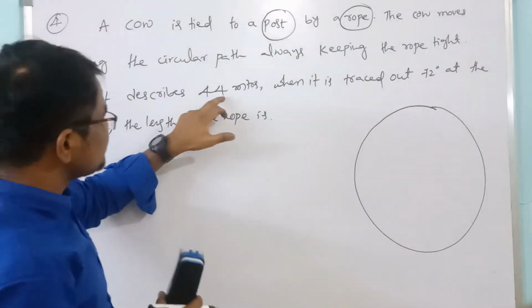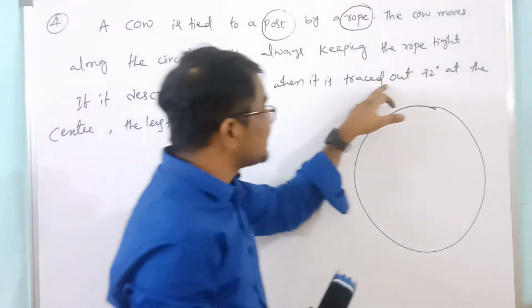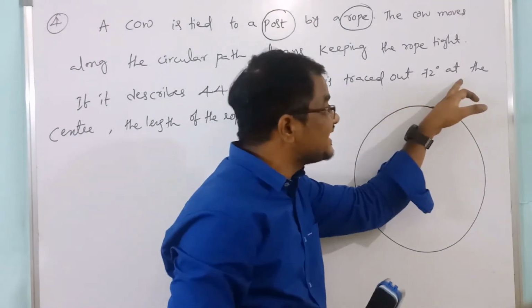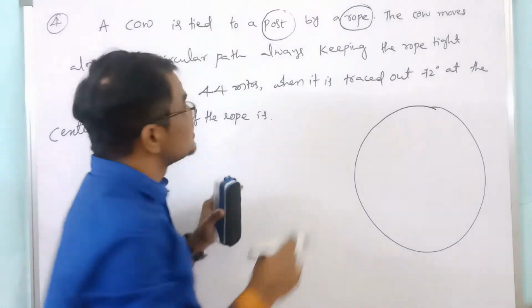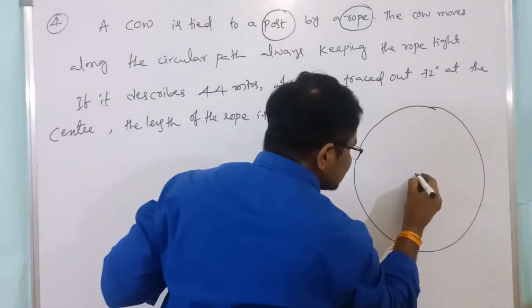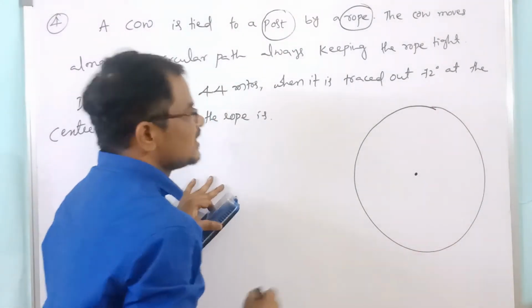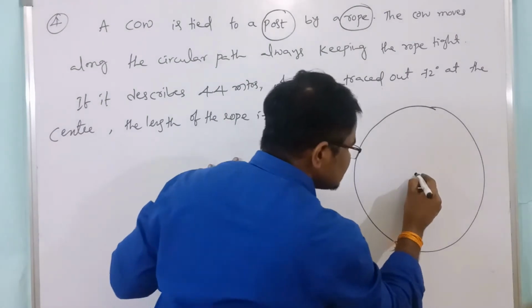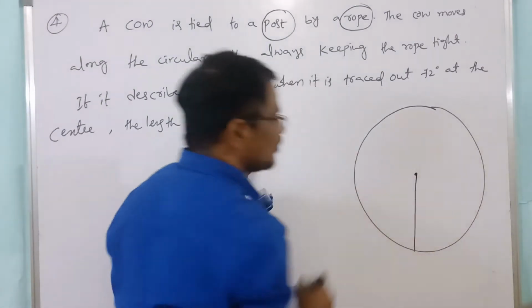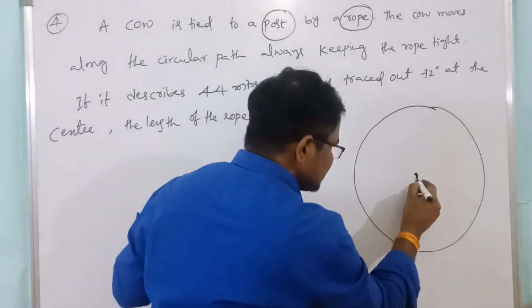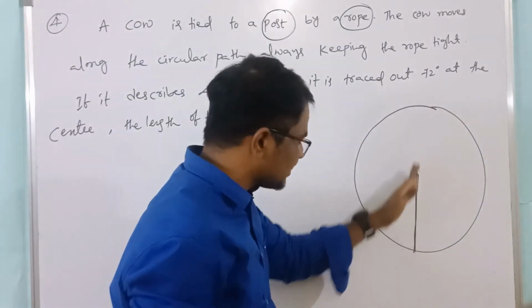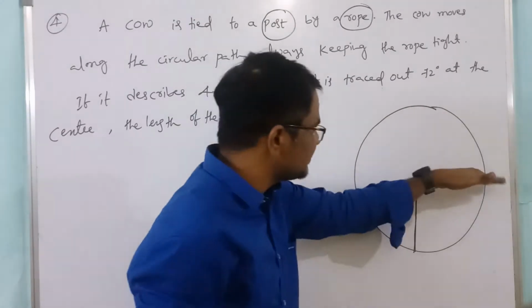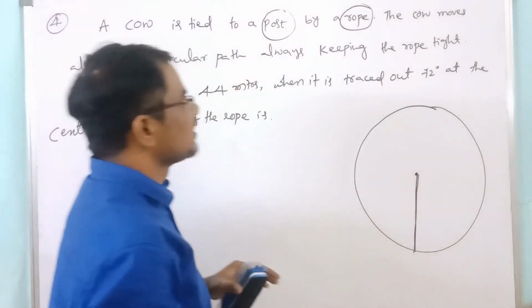If it describes 44 meters when it traces out 72 degrees at the center, then the length of the rope is, means if you take this as the post and this as the rope, always keeping it tight means this length is equal anywhere, here and here and here also.